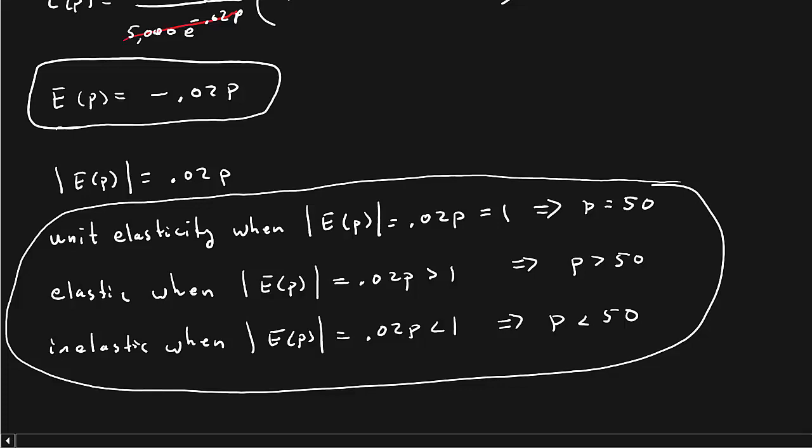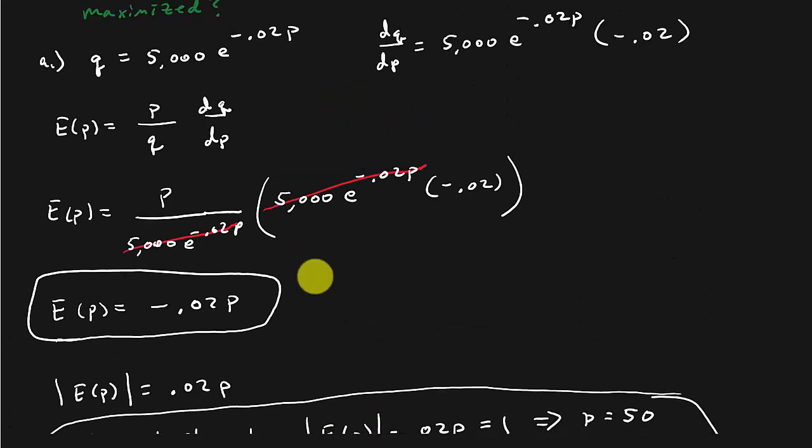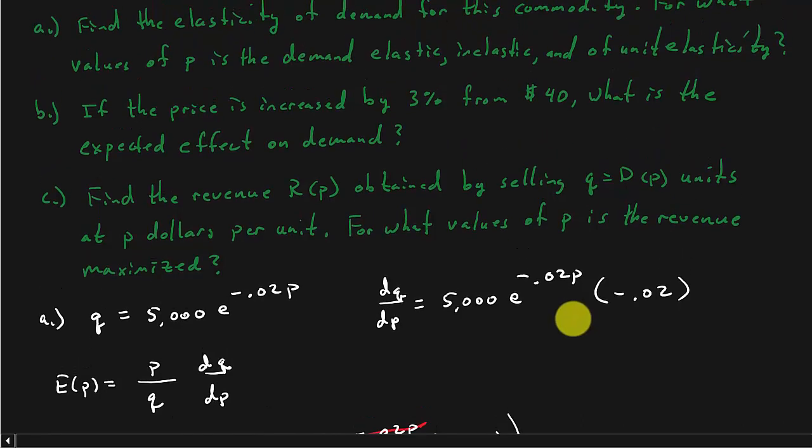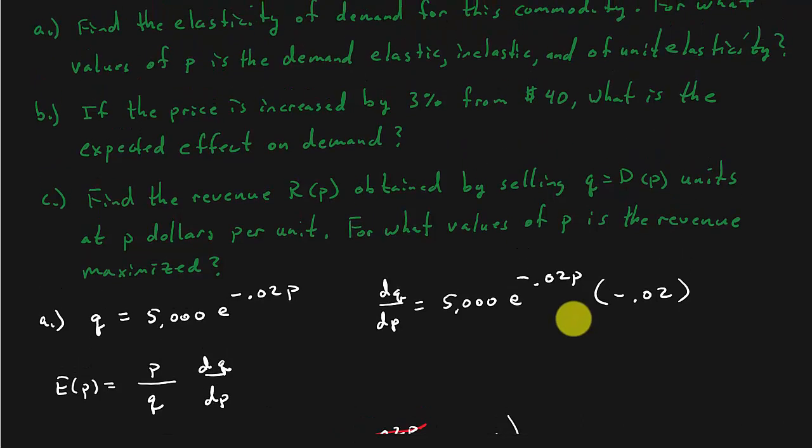All right, so now let's go to part B. It says, if the price is increased by 3% from $40, what is the expected effect on demand? We'll need to see what the elasticity of demand is at 40.